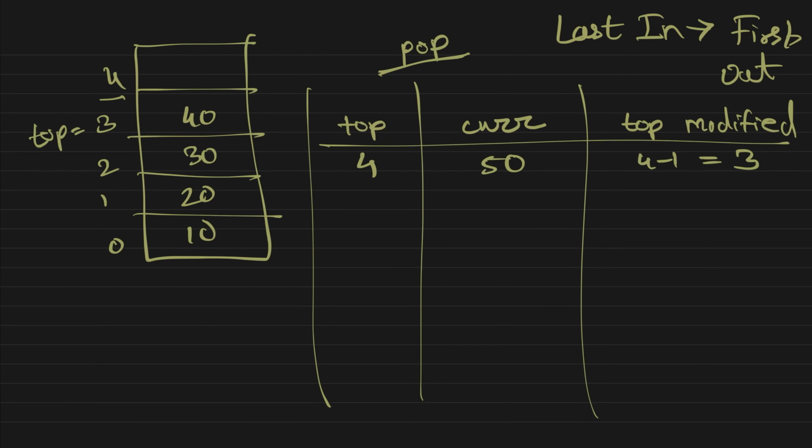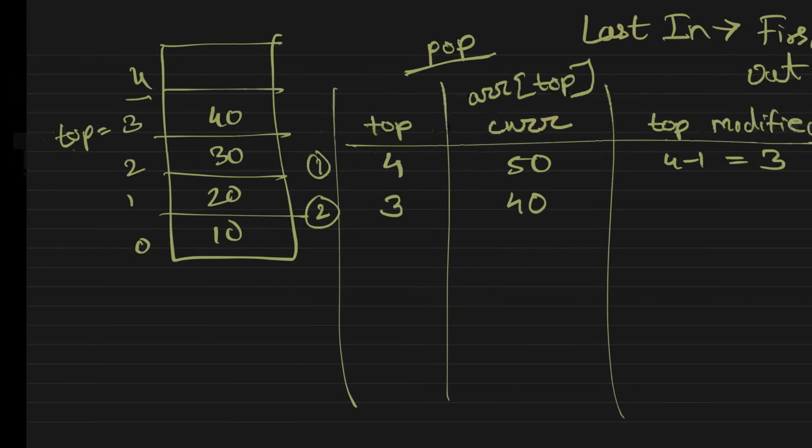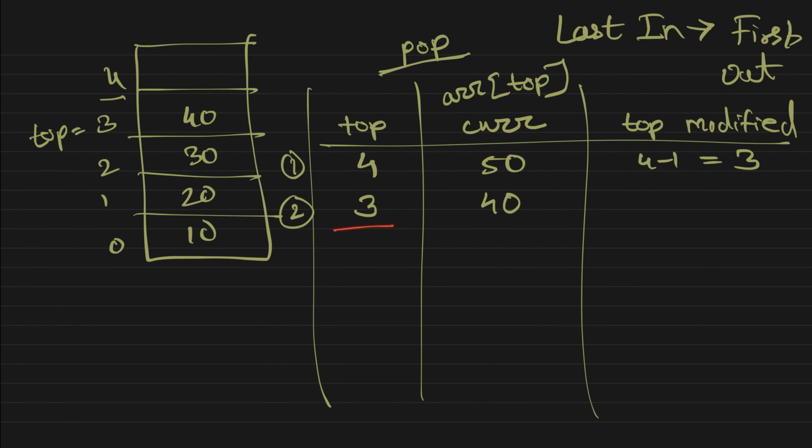So this is the first call to the pop operation. In the second call, what would happen? My top is 3. My current element would be 40, which is the element at array of top. My top value was 3, so array of 3 is 40, and that is why this 40 is written here.